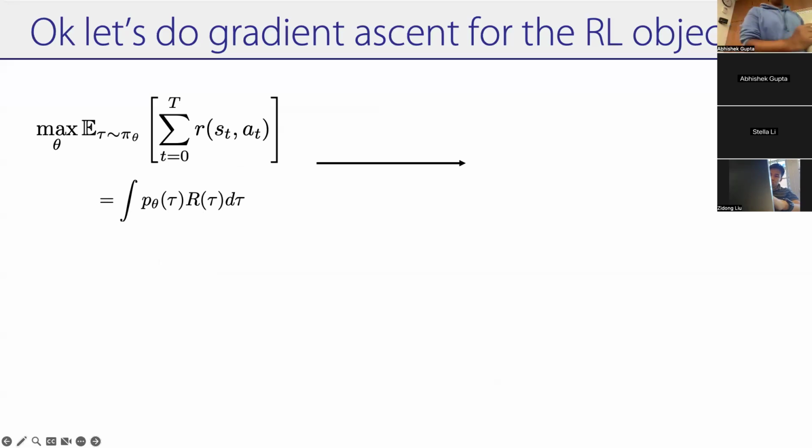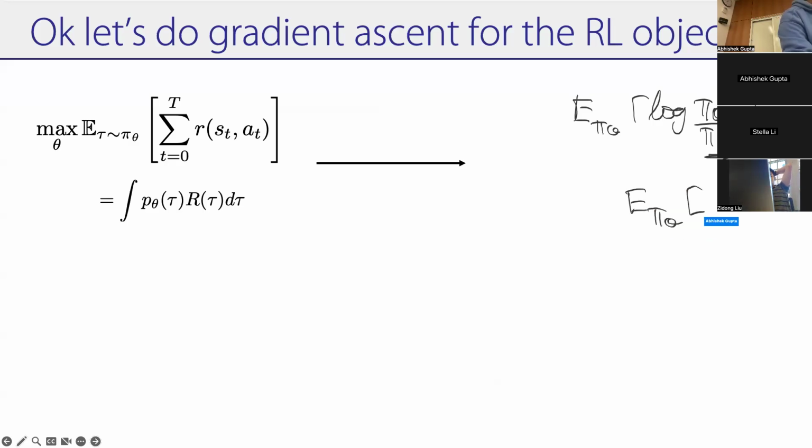If you're thinking of the reverse KL objective, you're going to do something like this. If you think of log pi e star as r, then you can write this as expectation under pi theta of log pi e, minus expectation under pi theta of log pi theta, minus on this whole thing.